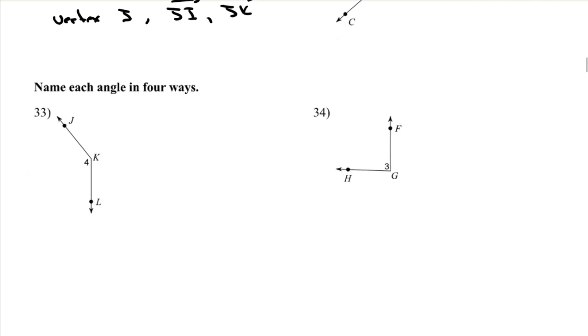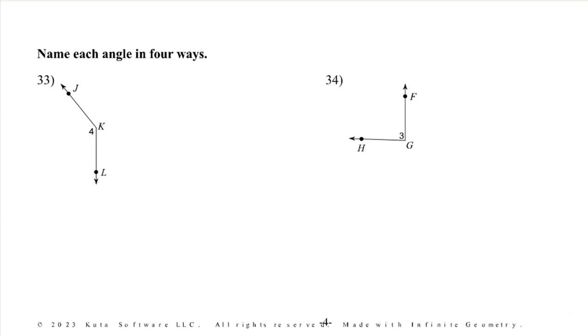Okay, name each angle in four ways. Well, you can call it angle 4, you could call it angle K, you could call it angle JKL, and you could also call it LKJ. No big deal there. Okay, what else are we looking at today?